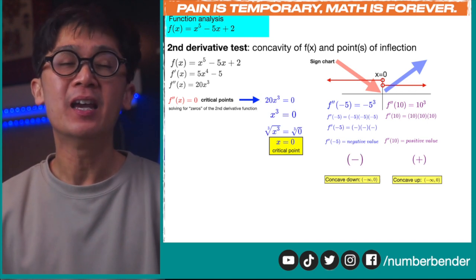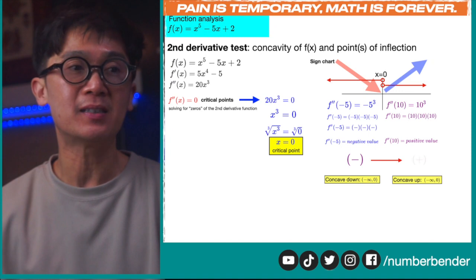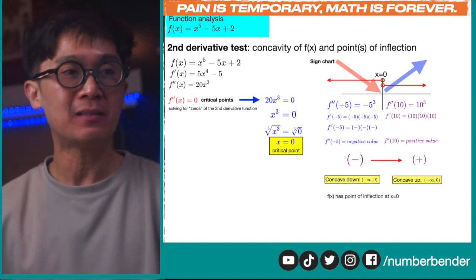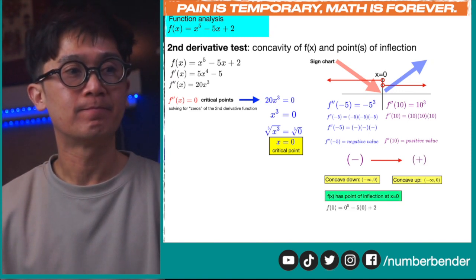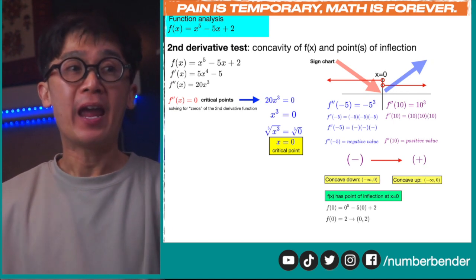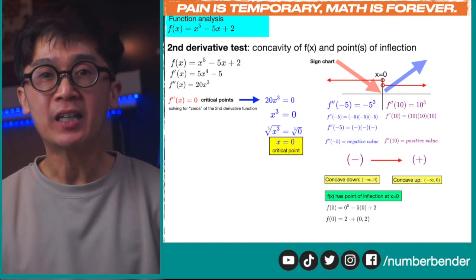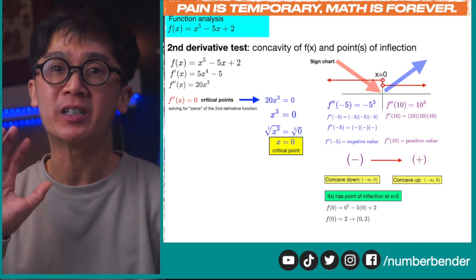And in this case, since we have negative going to positive direction, POI exists, and it exists at 0 and 2.